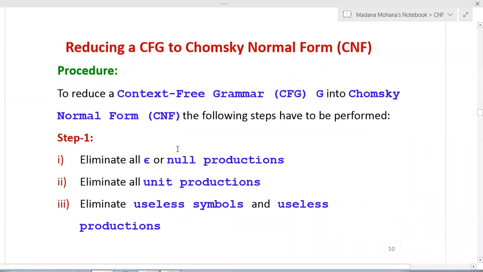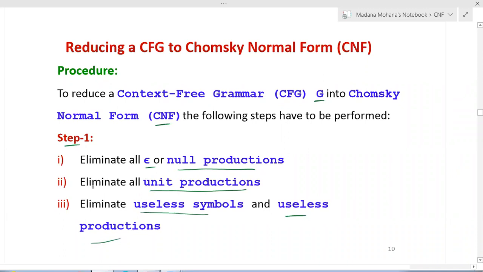Now, see the procedure for reducing a context-free grammar to Chomsky normal form. To reduce a context-free grammar G into Chomsky normal form CNF, the following steps have to be performed. The first step is to eliminate all epsilon or null productions, then eliminate all unit productions, then eliminate all useless symbols and useless productions.